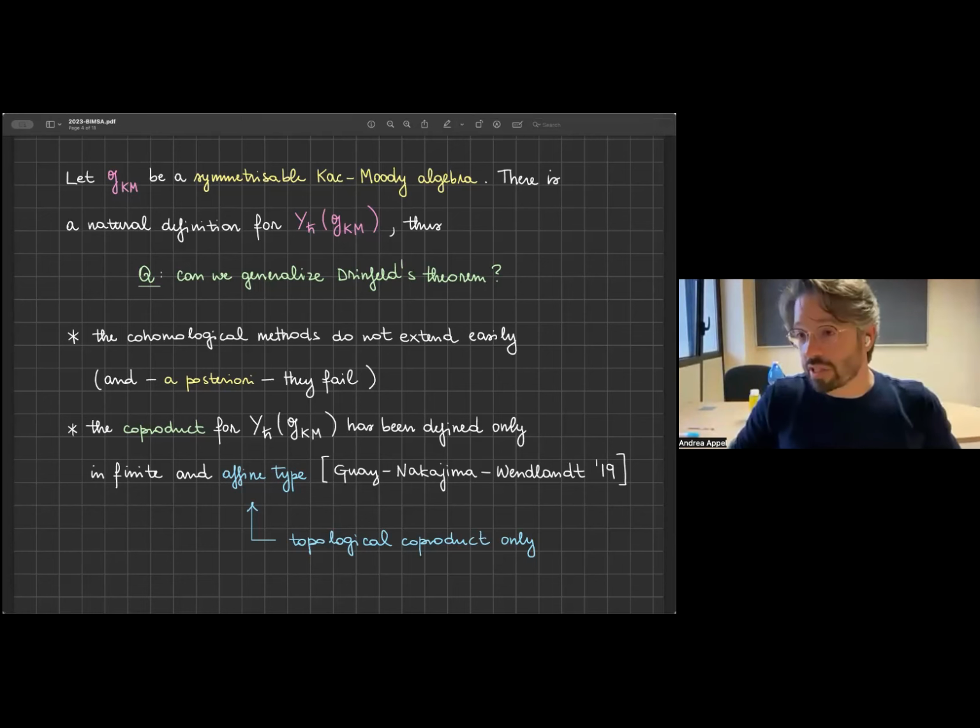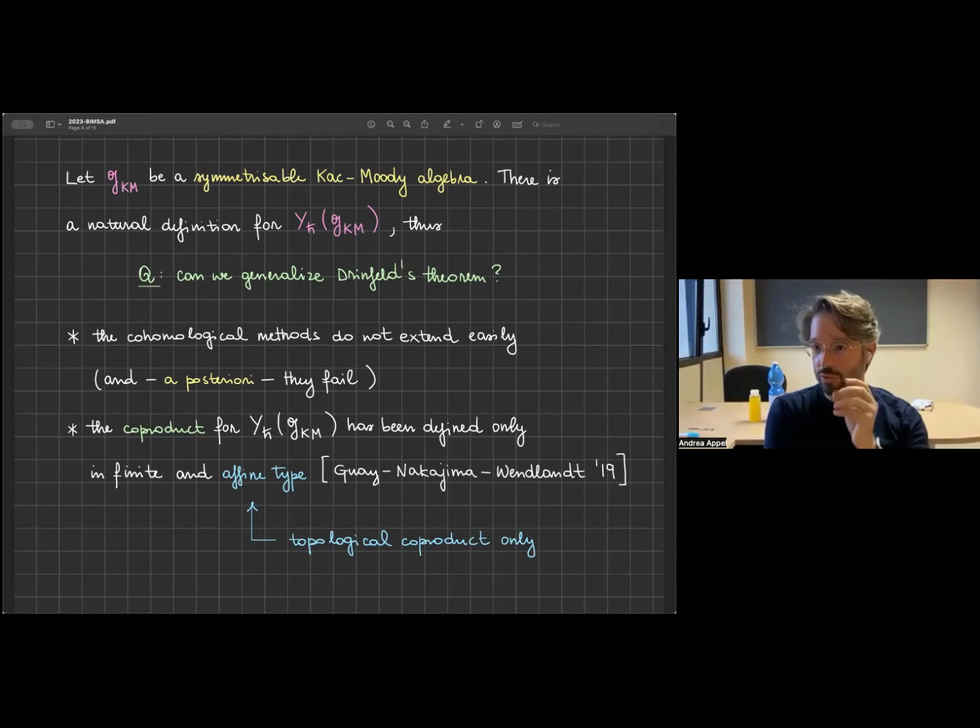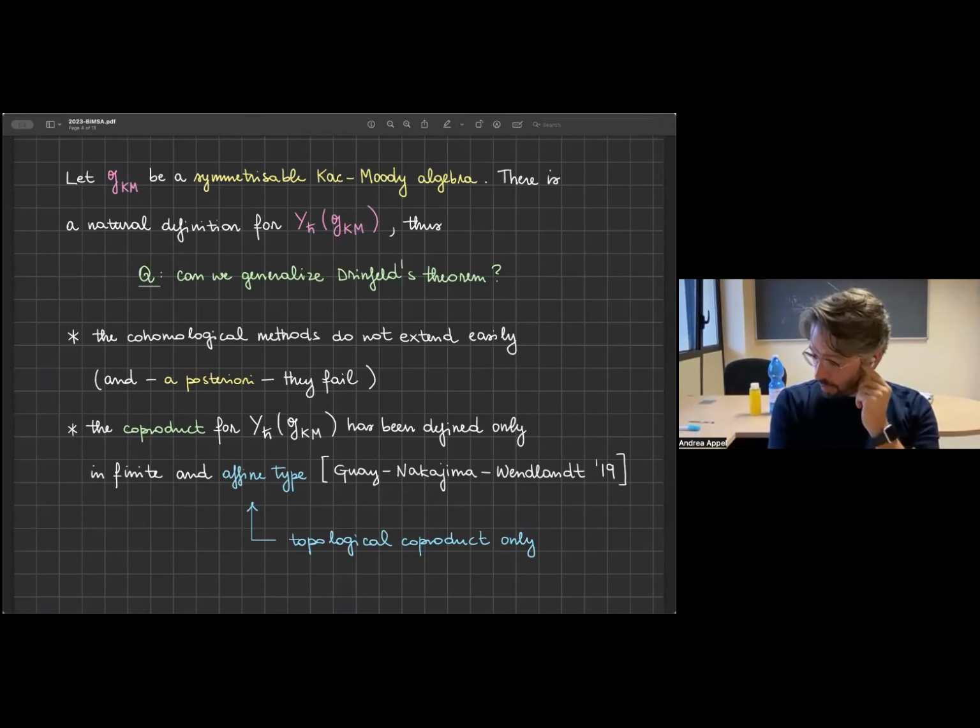In fact, the definition itself of the affine Yangian for SL2 was not really the correct one; you need to adjust it. So it's a special case that needs to be treated carefully on the side. And then I've been told that maybe Schiffmann and Vasserot have a coproduct.